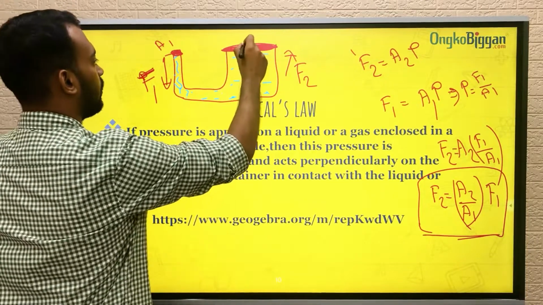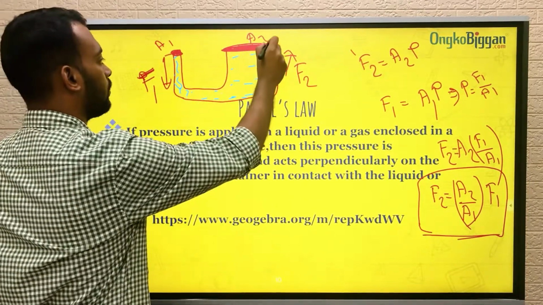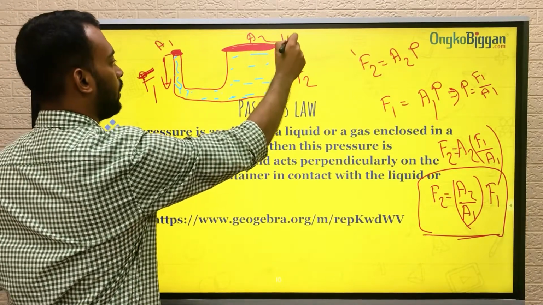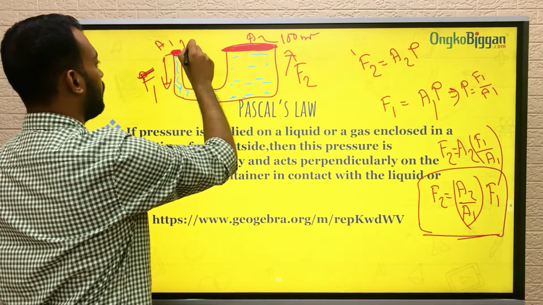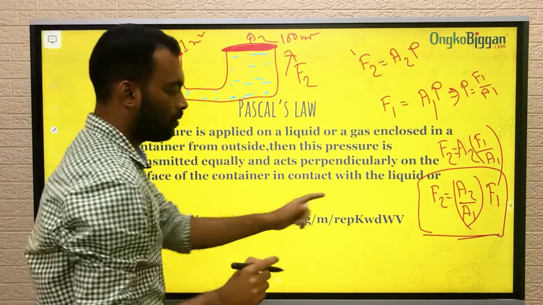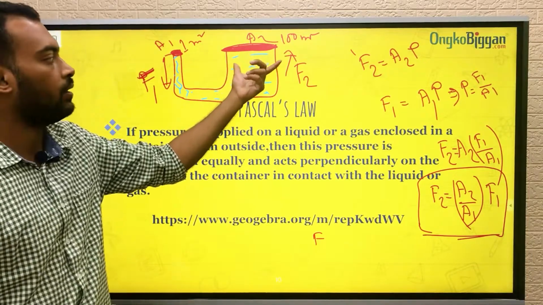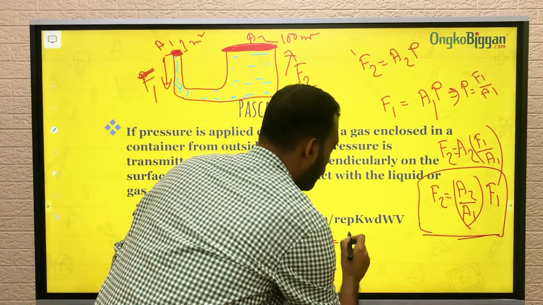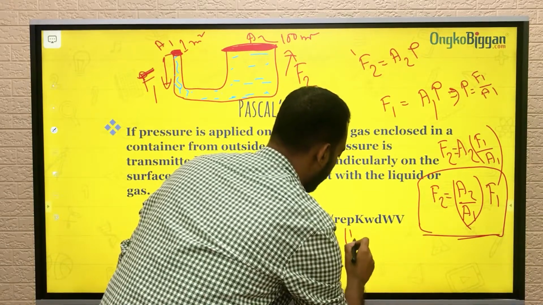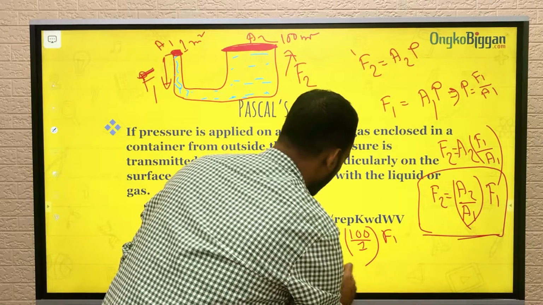Let me give this example. Suppose the area of this side is 100 meters square and the area of this side is 1 meter square. Now, according to this formula, what will be the force acting on this side? F2 is equal to A2 by A1, which is 100 by 1, into F1.